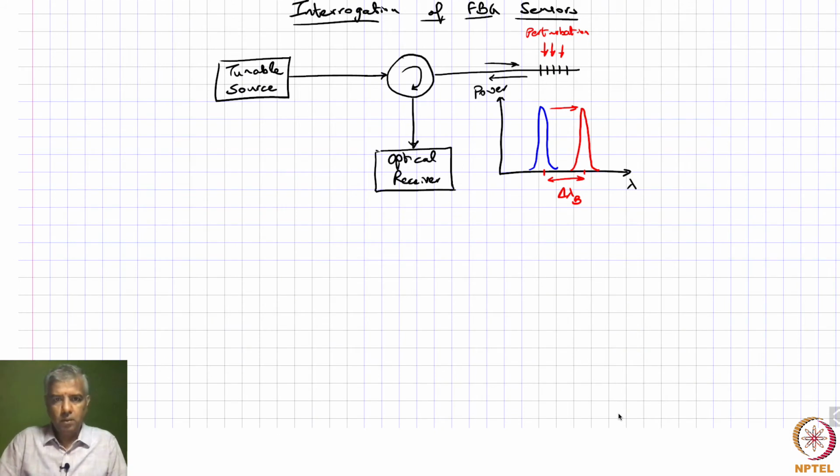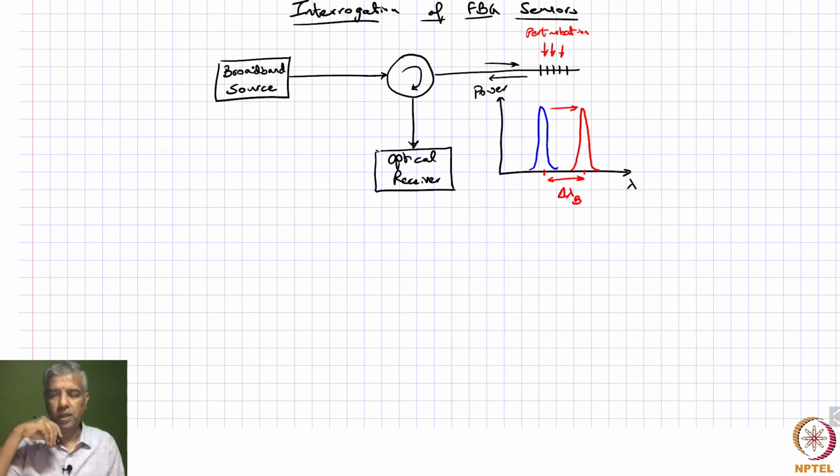We saw why tunable source based interrogation may not be ideal to achieve a wavelength modulated sensor. So let us go back and replace this tunable source with a broadband source, so that we can enable a true wavelength modulated sensor.